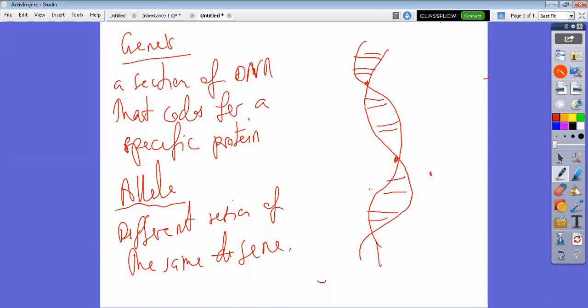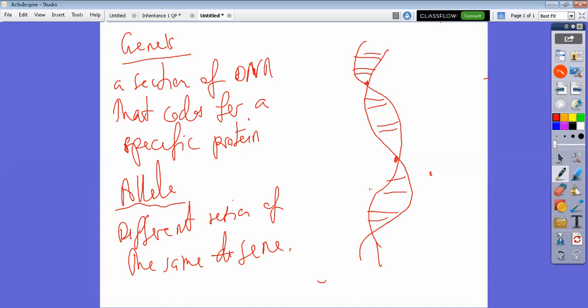Are we together? So we've just started with the basic definitions that you need to know, that are important for your syllabus.